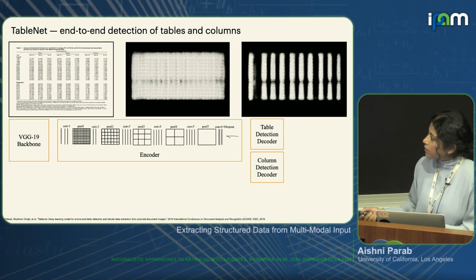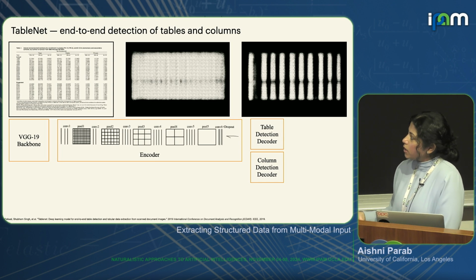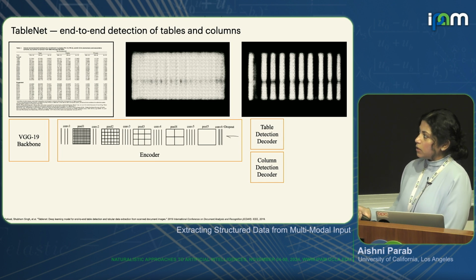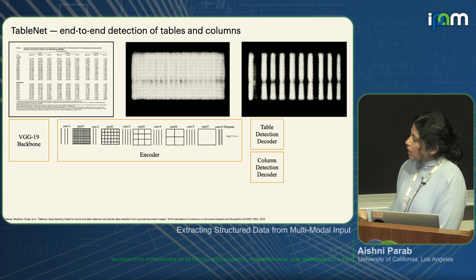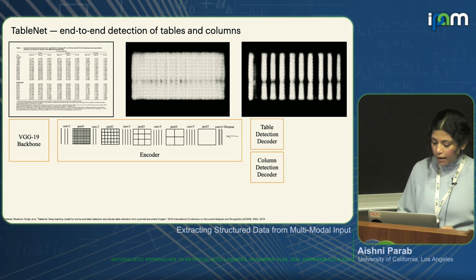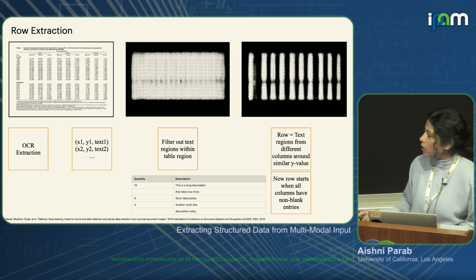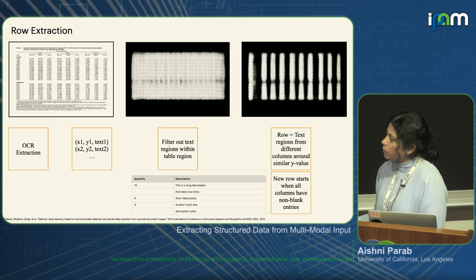So step one is the image goes through the encoder and generates a mask for the table detection. And then the decoders basically detect the mask for where the columns might be. And so once you have these masks, you have an off-the-shelf OCR extraction model, which tells you where all the text boxes are.